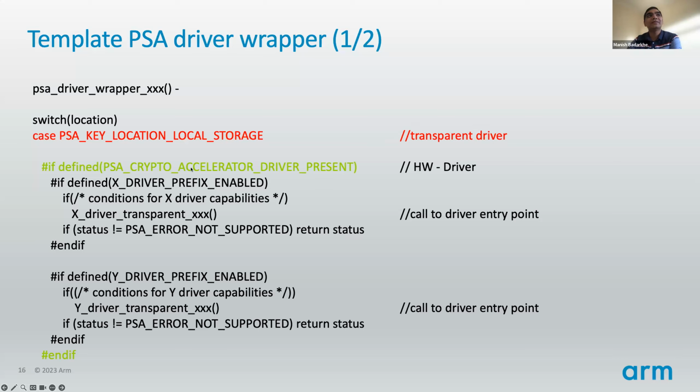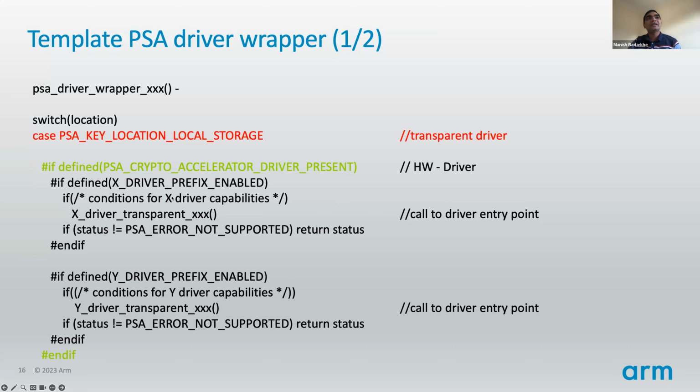If you see here, if someone wants to use multiple drivers, they can enable this particular define. Suppose there are two kinds of drivers present, hardware drivers, then they can use this X driver and Y driver and enable both the defines. Inside that, they can check the capability of the driver at runtime.